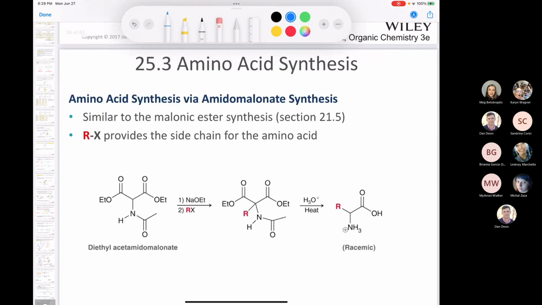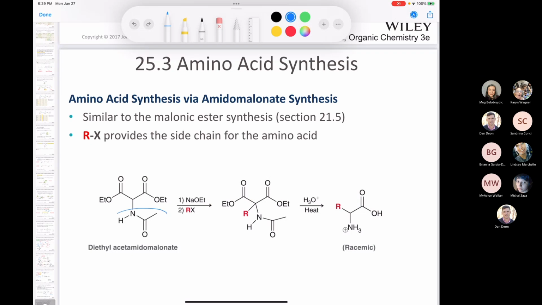The next one is one of my favorite reactions in the entire course because it's so ingenious. If you remember the malonic ester synthesis that we looked at for making an acetic acid derivative, this is kind of in the same vein. Instead of using diethyl malonate, what we use is diethyl acetamidomalonate.